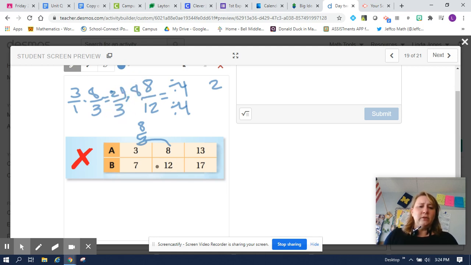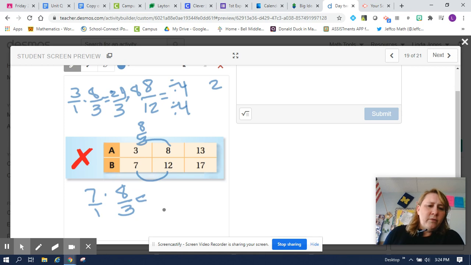Now, if I multiply the bottom, 7 over 1 times 8 over 3, and we know how to multiply fractions because we've been doing that, 7 times 8 is 56 over 3. When I simplify 56 over 3, I get 18 and something. So it is not 12.